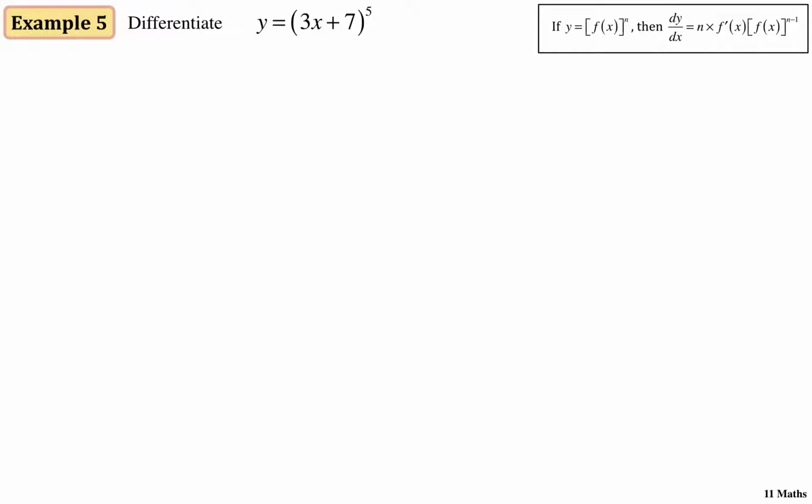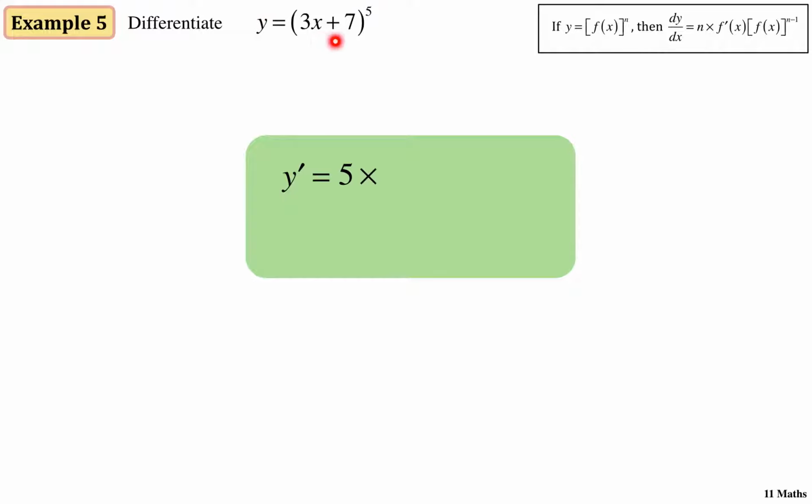Let's try it again. Example 5. Again, we've got a bracket raised to a power. So let's differentiate that. The derivative is equal to, the power gets multiplied out the front. So we get 5 times, what's the derivative inside the bracket? Derivative of 3x plus 7, derivative of 3x is 3. Derivative of 7 is nothing, so we just get 3.